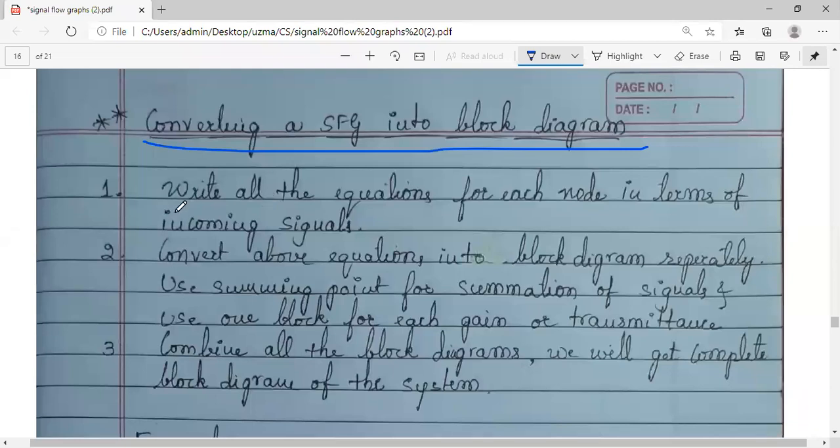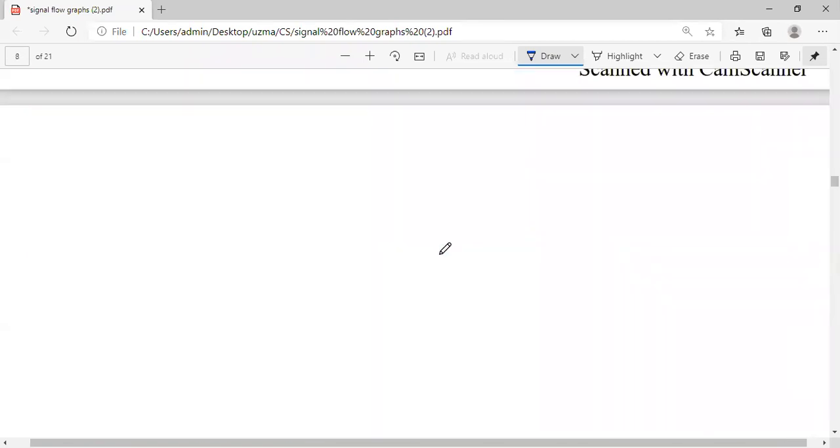The first step is write all the equations for each node in terms of incoming signals. So in order to convert the signal flow graph into block diagram, in the given signal flow graph, you have to identify how many nodes are there, and for each node you have to write the equations for incoming signals only. Let me just show you quickly.